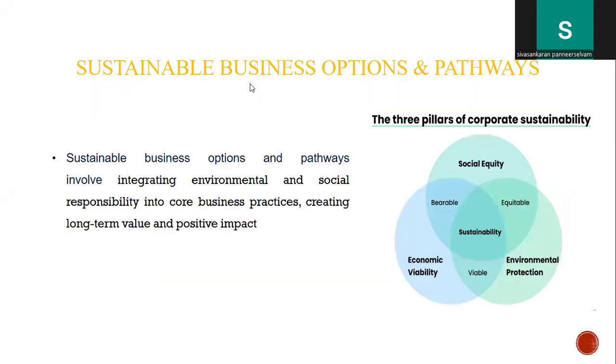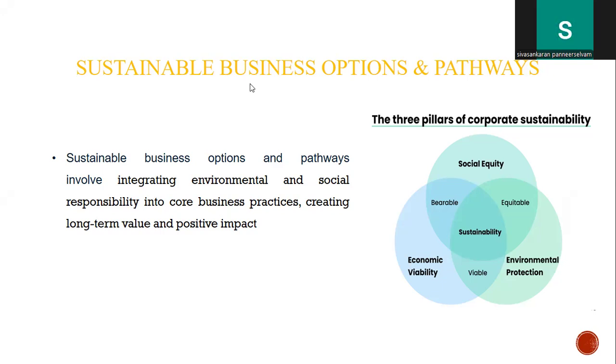Let us simultaneously get into the chapter topics. The first one we are going to discuss is sustainable business options and pathways. So what do we mean exactly by sustainable business options? This concept mainly embraces both environmental and social responsibility.